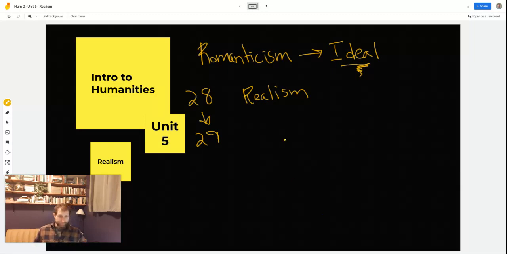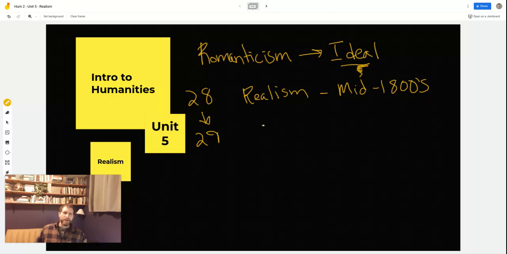So realism is going to become popular around the mid 1800s. This is not to say that romanticism completely dies, but there's a shift more to the realistic and less to these highfalutin ideals of situations.